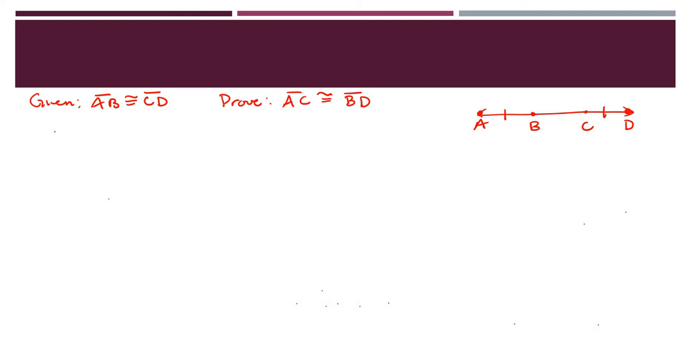So write yourself a two-column proof, your statements and your reasons, and see if, starting with the given information, you can come up with a two-column proof for this. And we will do this in class together when we go over our notes. All right, so that's it for today.